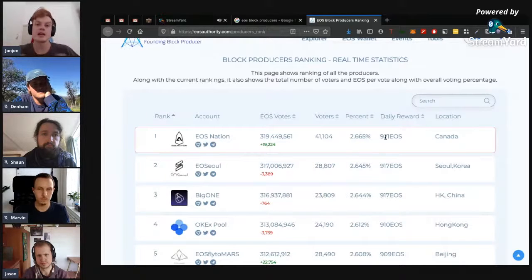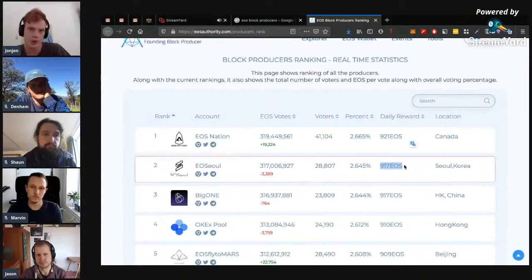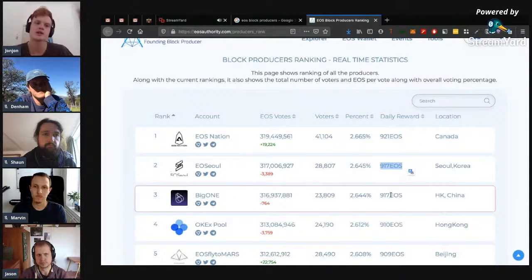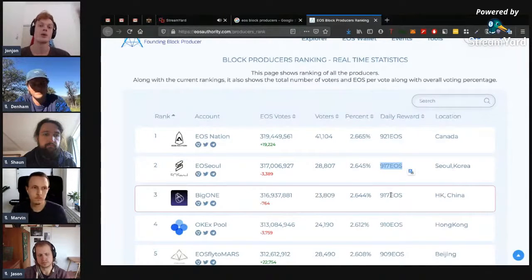They could then stake that 921 and get an extra 921 votes every day. And that means number one acquires votes quicker than number two, and number two acquires votes quicker than number three. So you're totally right, Jason. It's like a self-reinforcing philosophy where the higher up you are, the more you earn, and the more you earn, the more you can use that to vote for yourself, basically.